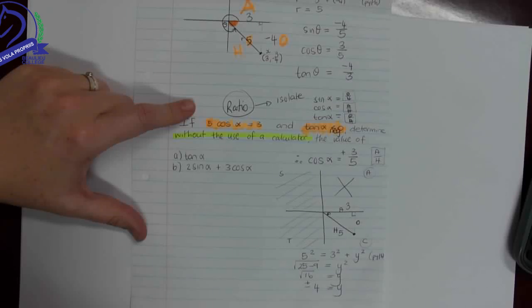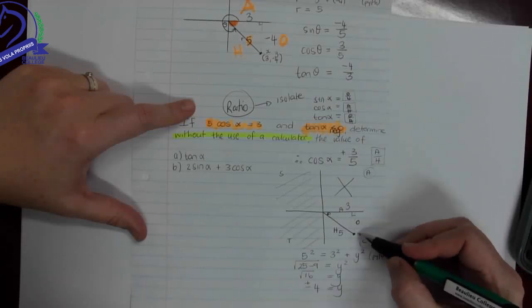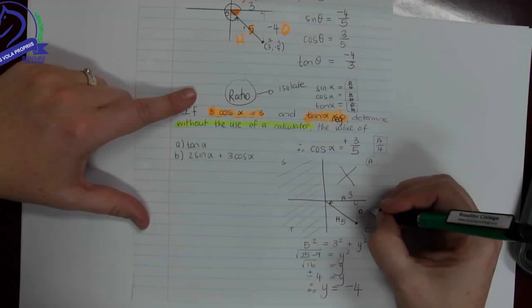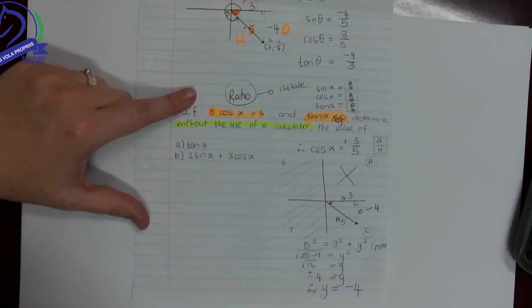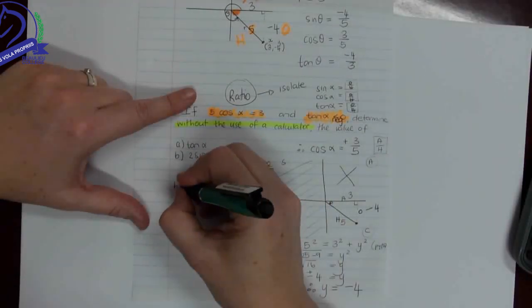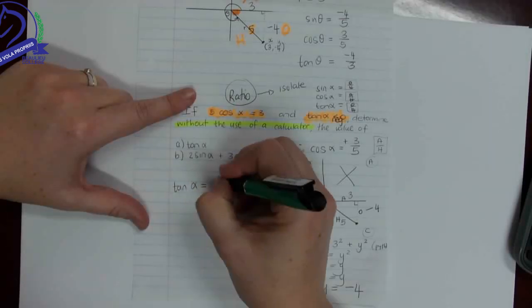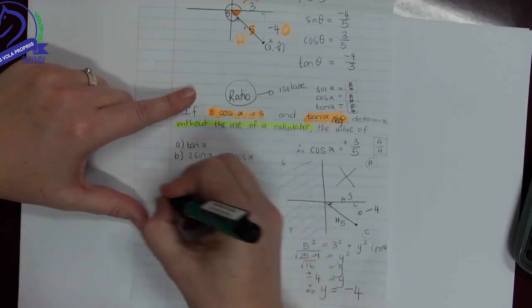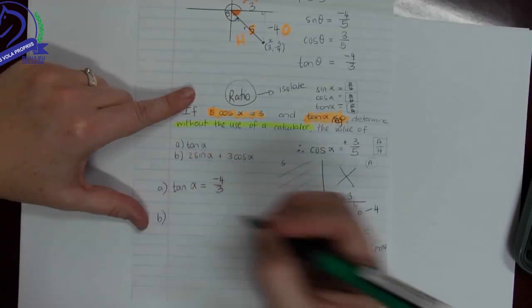Which one will I use? It is below the x-axis, so therefore y will be a value of negative 4. So this is negative 4. So tan alpha O over A is minus 4 over 3.